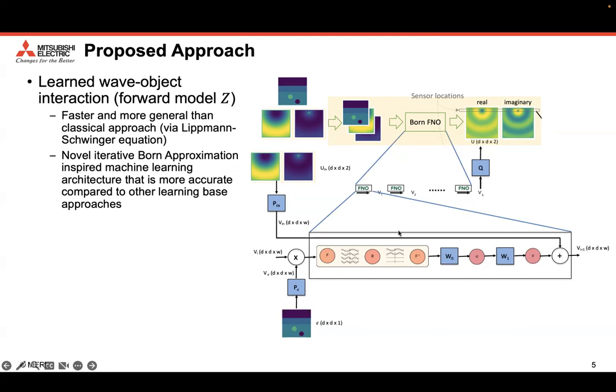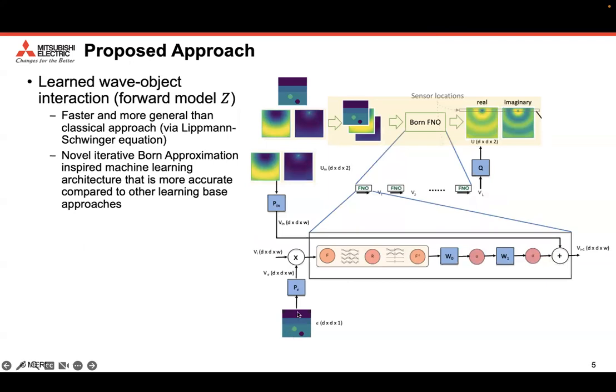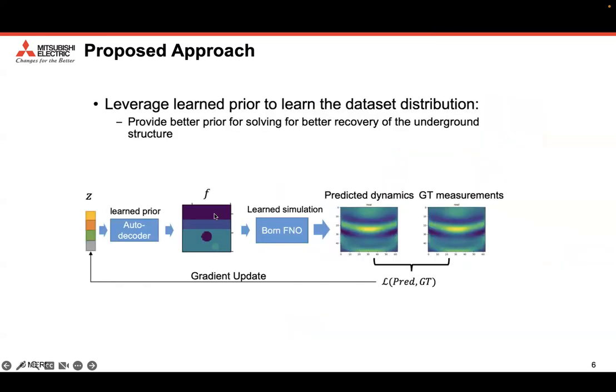But specifically, we restrict the parameters in all of these modules to be tied across the different layers. So given the incident wave field at the input, and an estimate of the material structure as well, we're able to estimate the total wave field as an output.